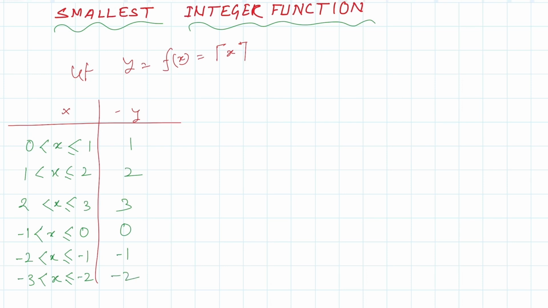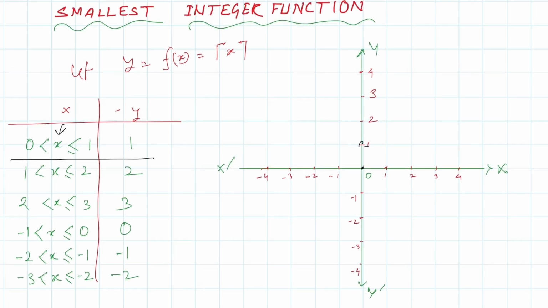Now let me draw the Cartesian plane. So here is the Cartesian plane. Let us draw the graph of this smallest integer function. Here x is greater than 0 and less than or equal to 1. That means 0 is not included, 1 is included in this interval, and the corresponding value of y is equal to 1.